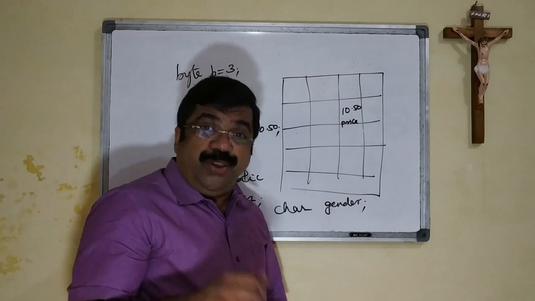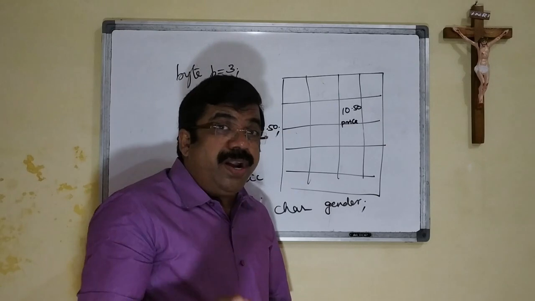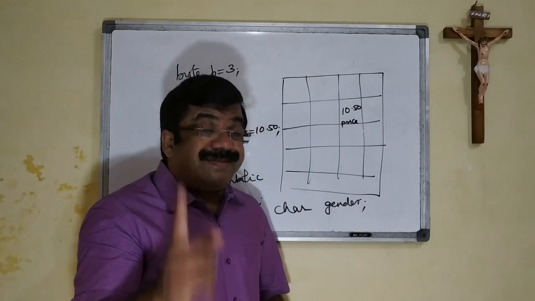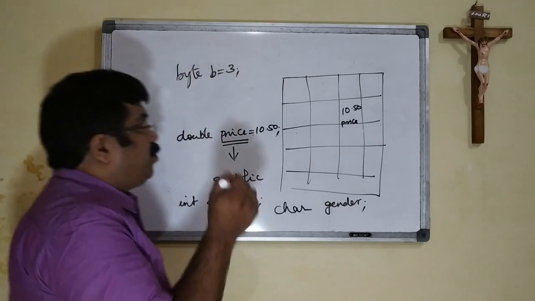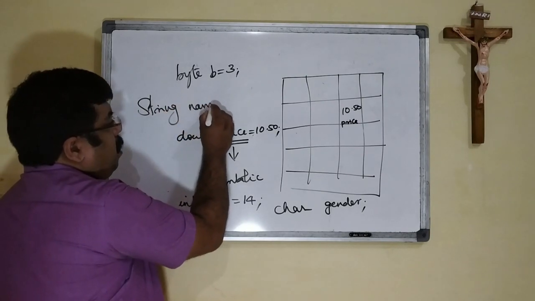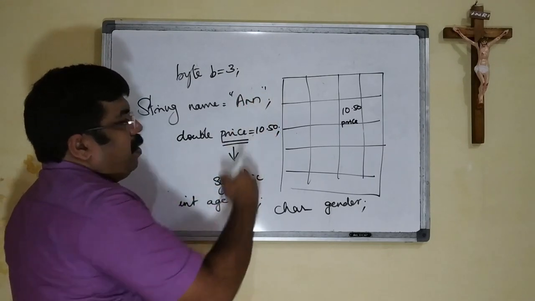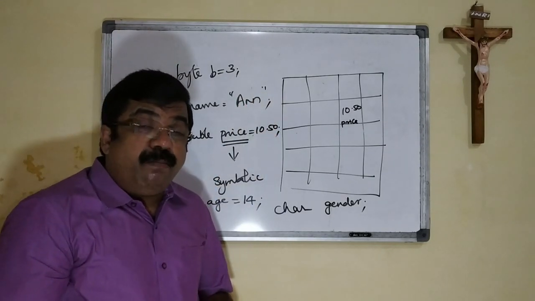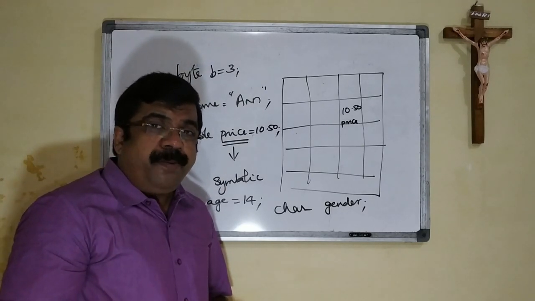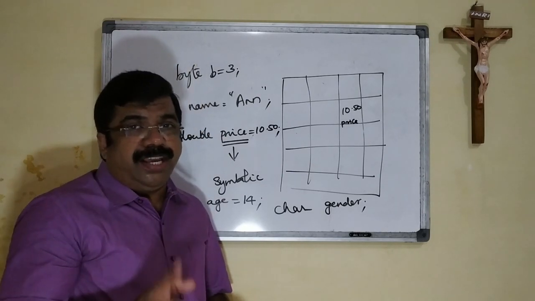But if you want to store the name of someone, then one character cannot be stored, so we have to go for string, which is a class. So we will use String name is equal to Anne. When more than one character is there, we have to go for the String class. I think it is clear.